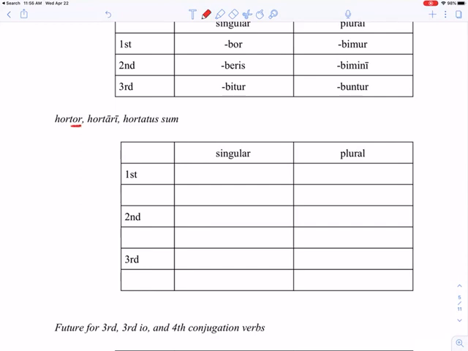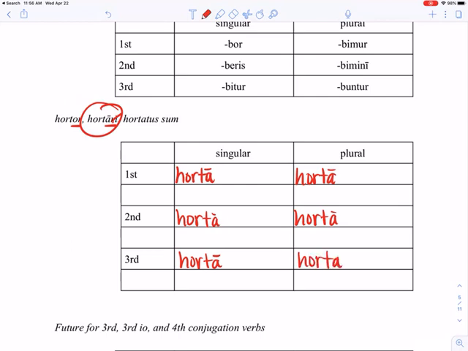I have OR and ARI. I'm going to take my second principal part. I'm going to drop the RI. So my stem becomes horta. Okay, and then we're going to add these endings up here.